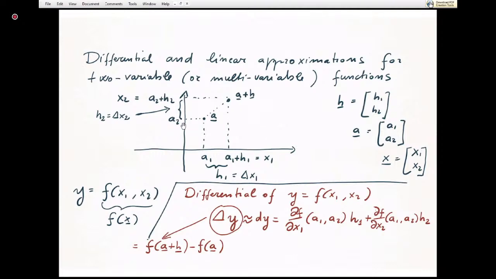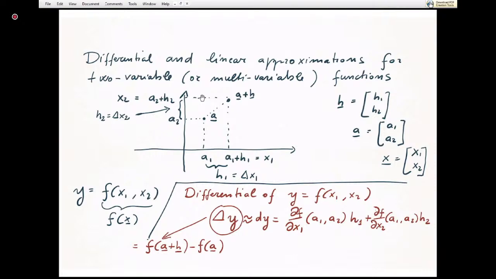For instance, I could leave a2 at the same initial level and take a change only in a1, by moving the point from this initial point a, written as a vector a1, a2, underlined, to here. Or alternatively, I could leave a1 at the initial level and just take a change in a2, just moving my point in the domain to this one.